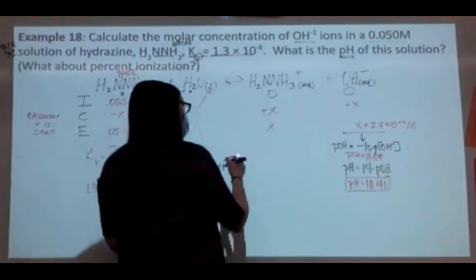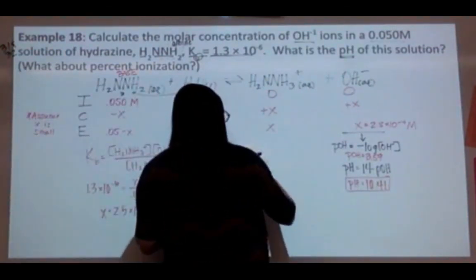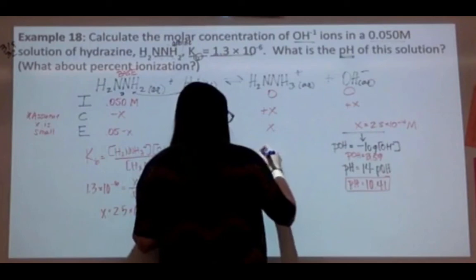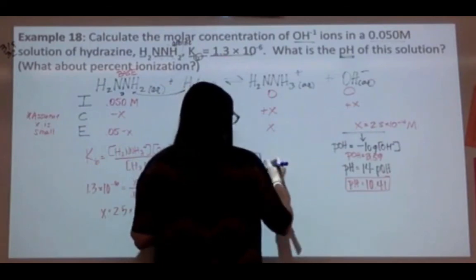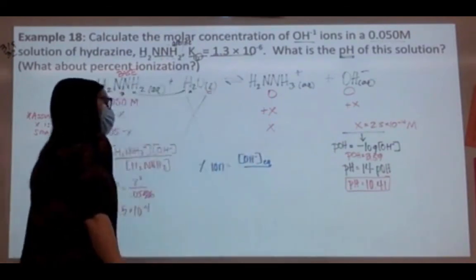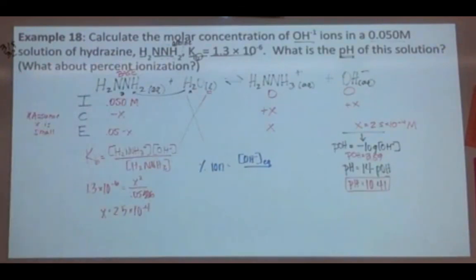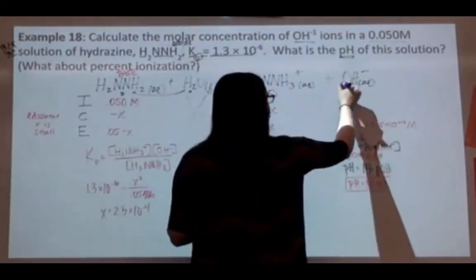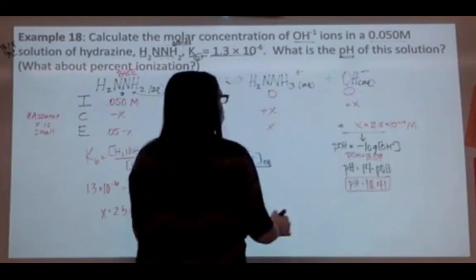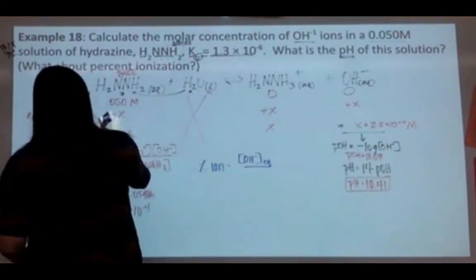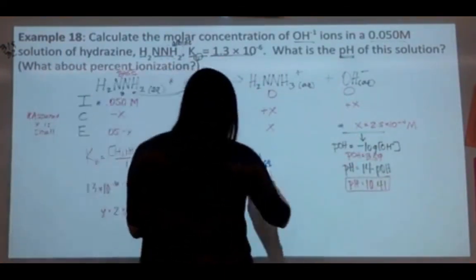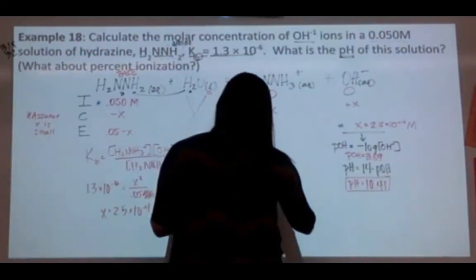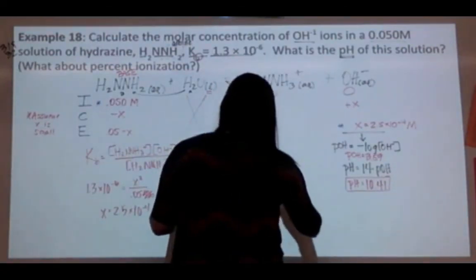So if we're looking at the percent ionization of a base, it's going to look just a little bit different because a base means we're focusing on OH minus. So if a question says what's the percent ionization of the base, we're going to compare the OH minus concentration at equilibrium to the initial concentration of the base times 100.